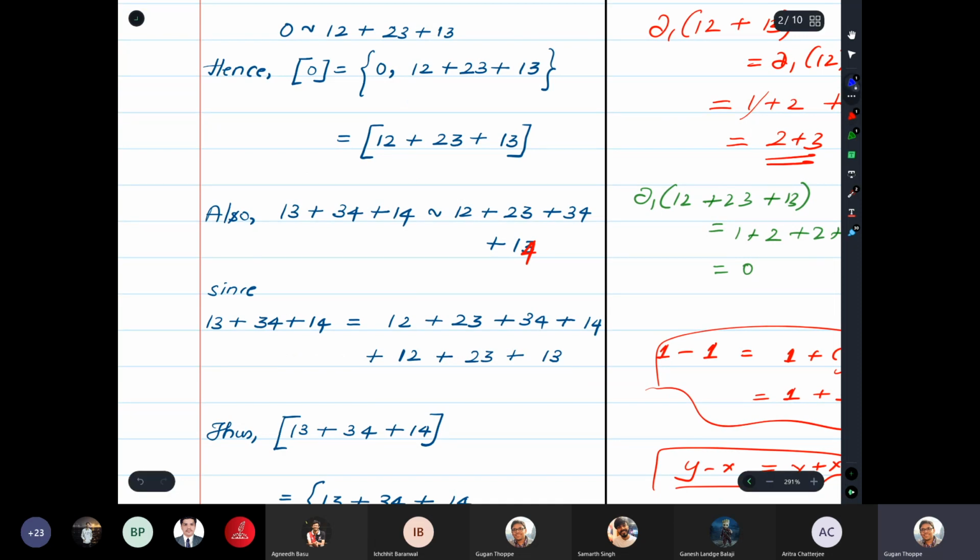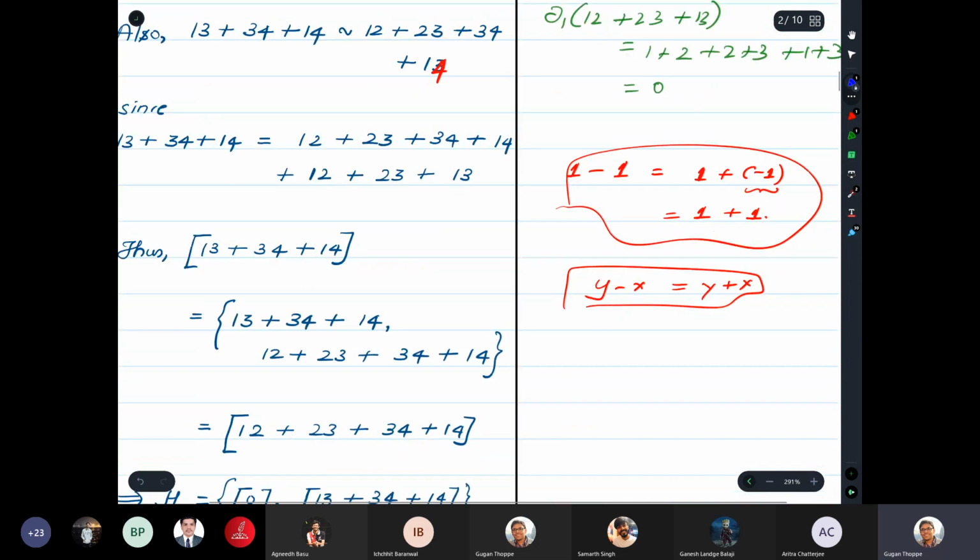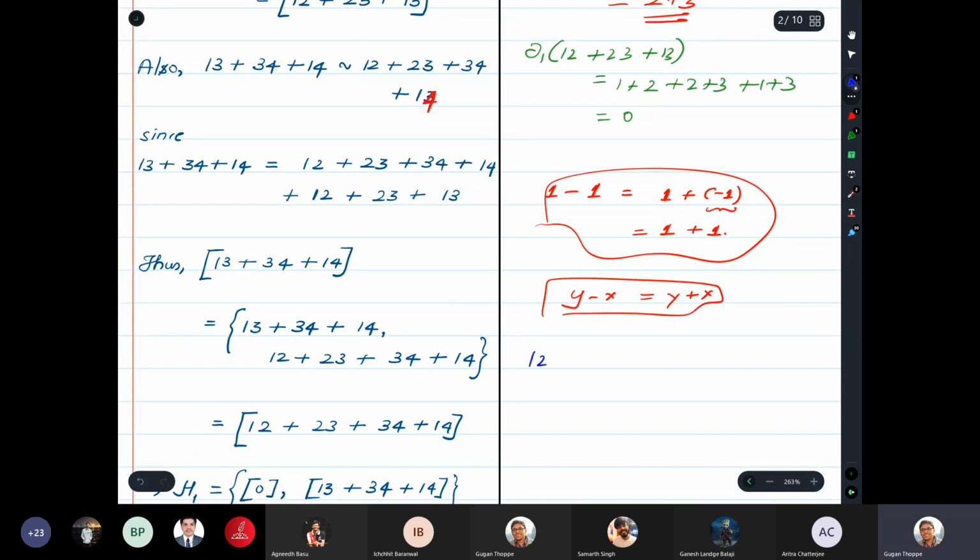So we have this one chain on the right, and to that we add this one chain on the left. So we take 12 plus 23 plus 34 plus 14, and to that we add this other thing, 13 plus 34 plus 14.